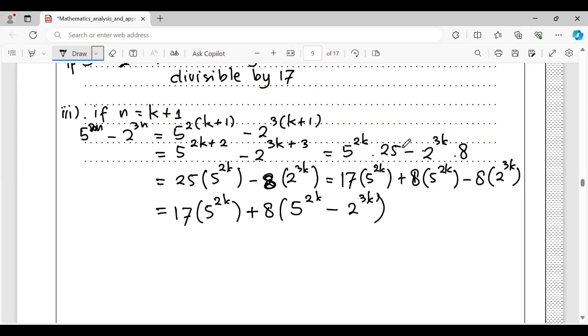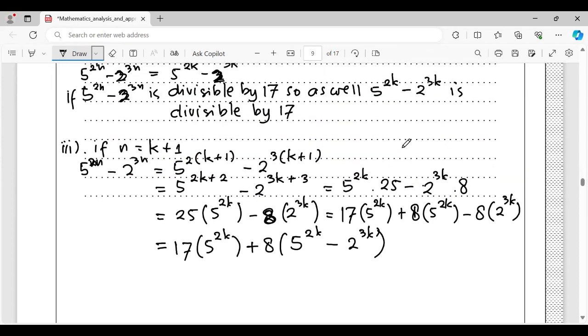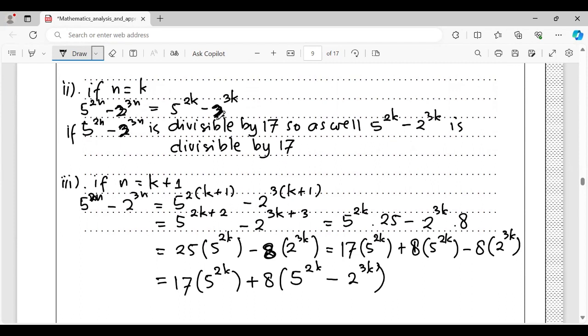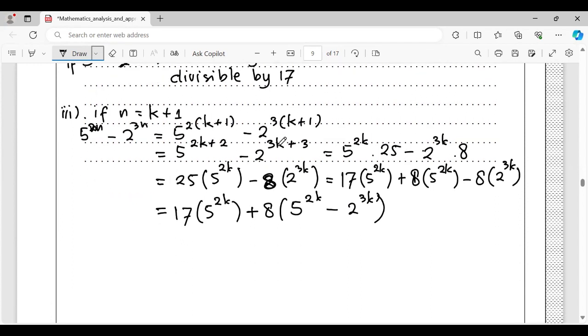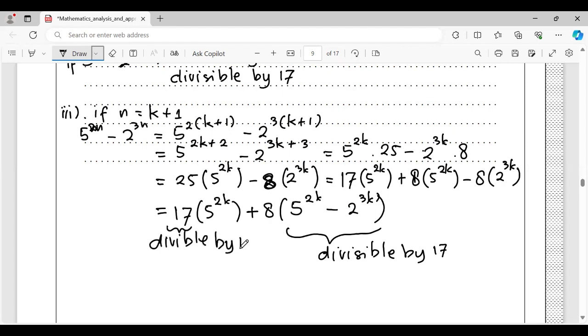Now, look at this statement that 5 power 2k minus 2 power 3k is divisible by 17. So this expression is divisible by 17. As well, this 17 is divisible by 17.